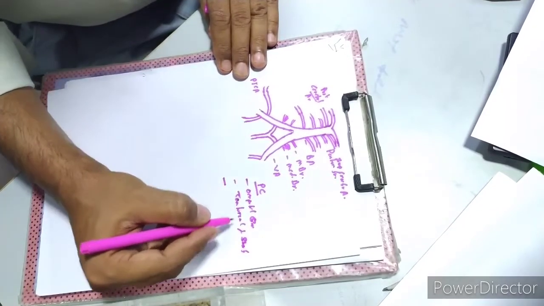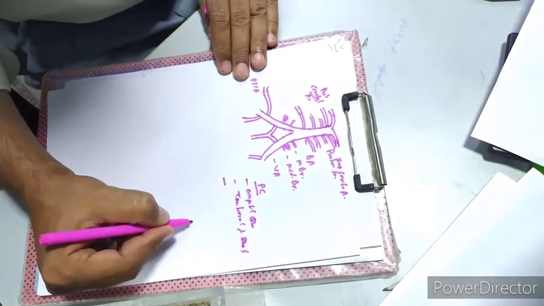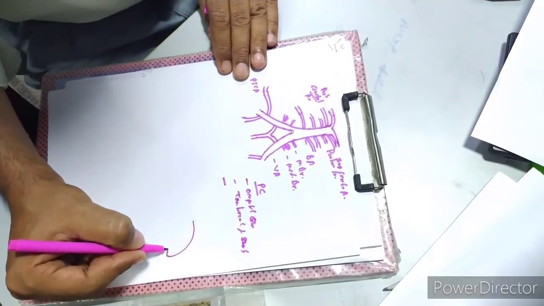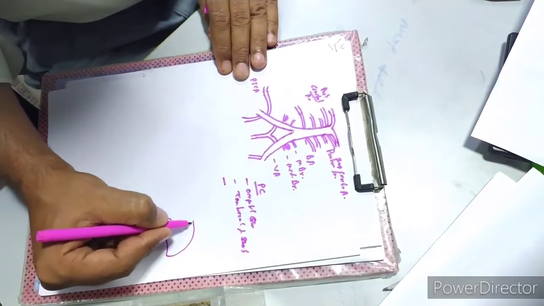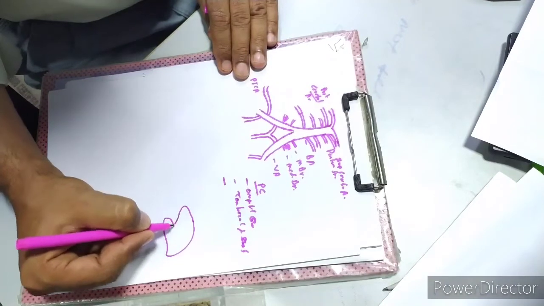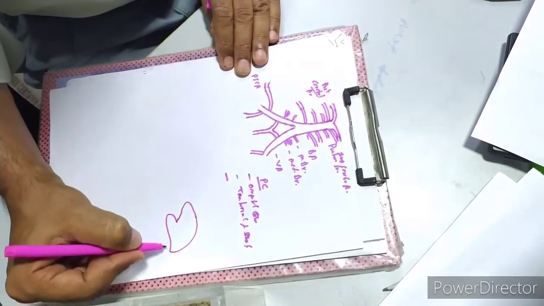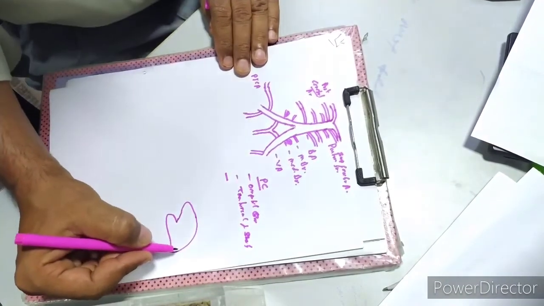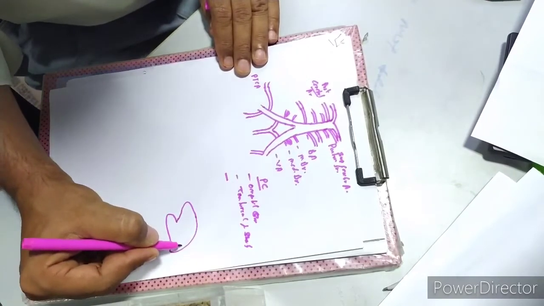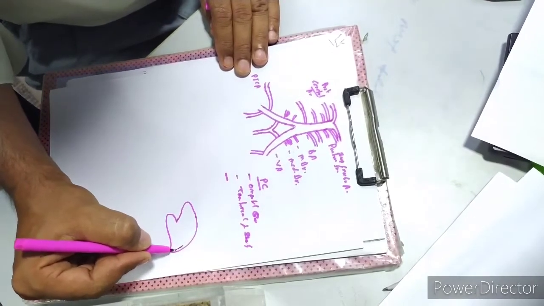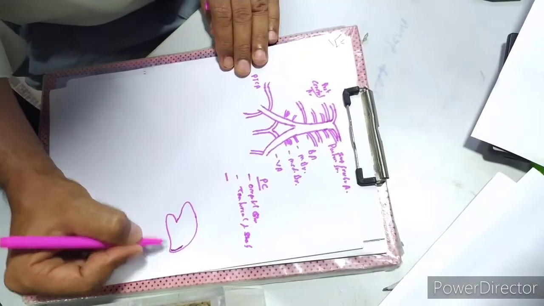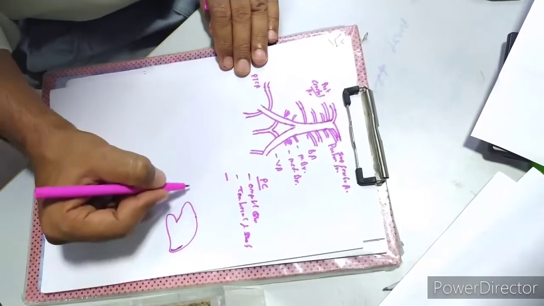Then it supplies the lower strip of the superolateral surface of the cerebellum here, supplied by the posterior cerebral artery.